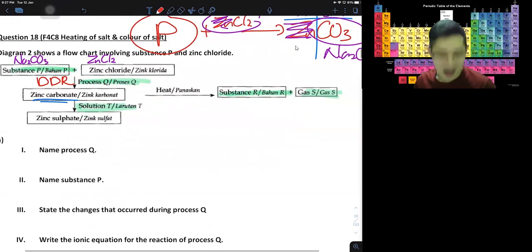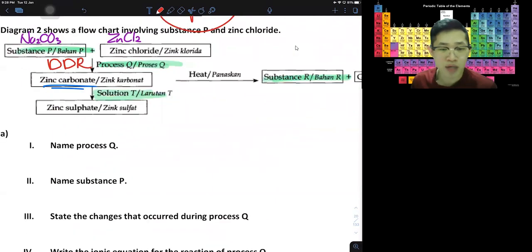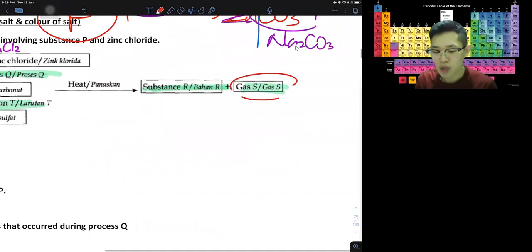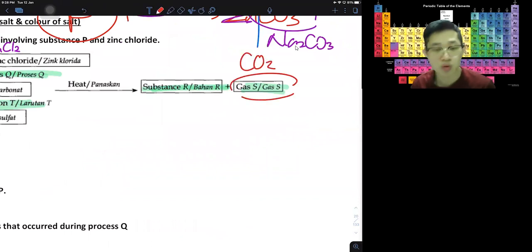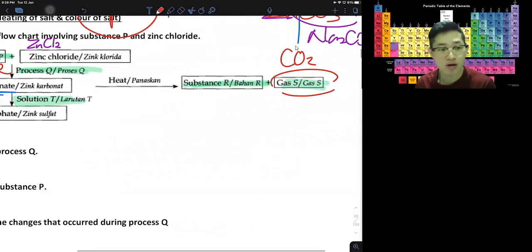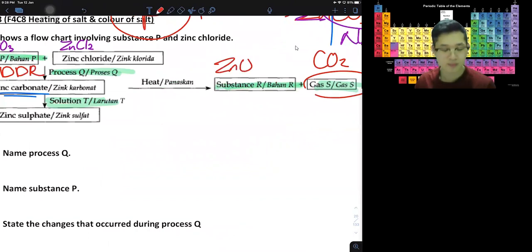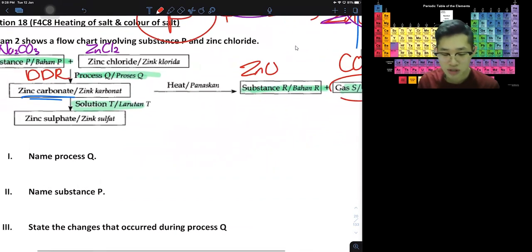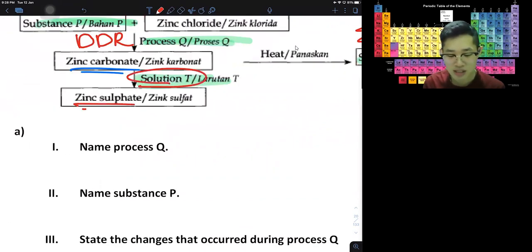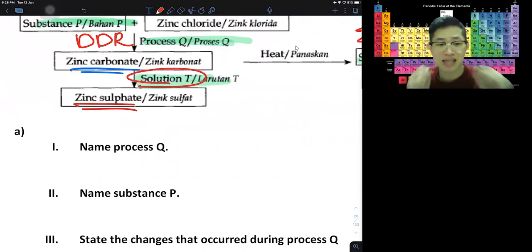So the DDR. When zinc carbonate is being heated, you see one gas straight away, CO2. What is the metal oxide of zinc? Zinc oxide. Very easy. Next, solution T gets you zinc sulfate. It's the same type of question as what we explained earlier.